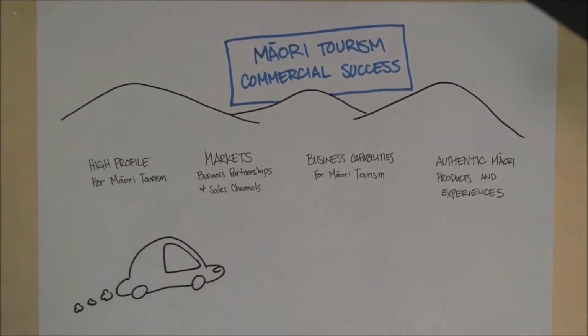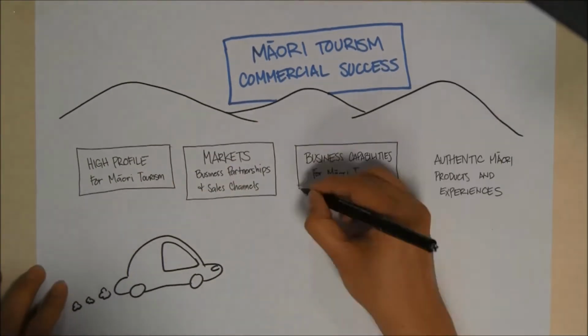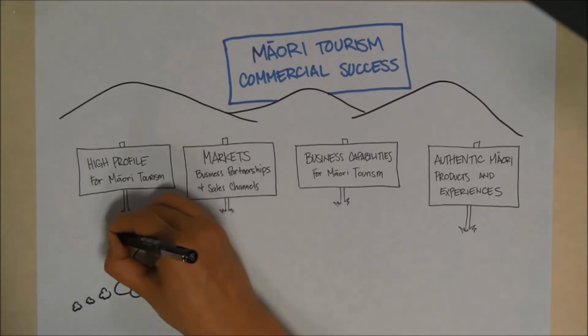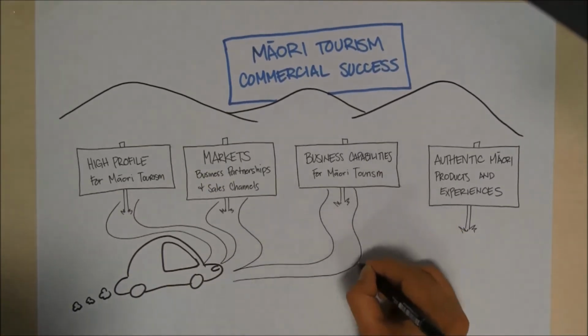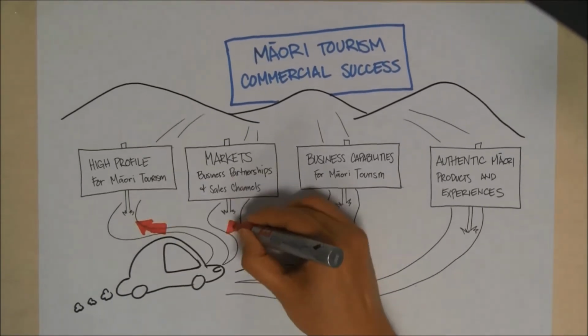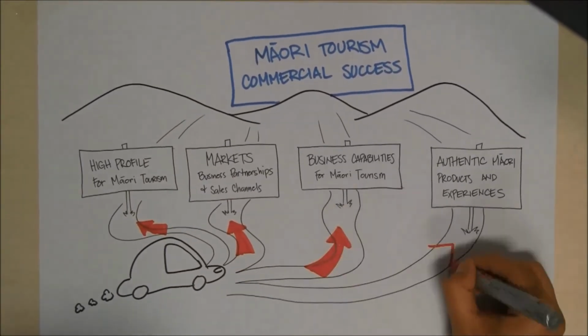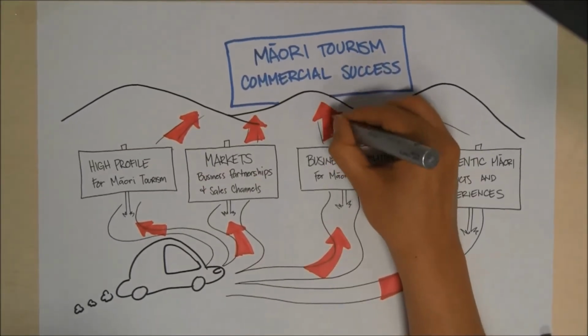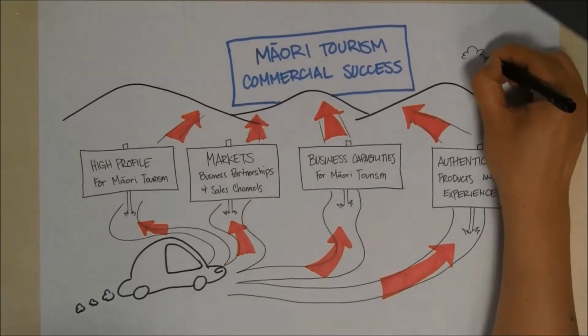First, Māori culture and tourism needed to have a higher profile. Second, we needed to grow potential markets for Māori tourism experiences. Third, we needed Māori tourism operators with the capabilities they need to establish, maintain and grow their business. And finally, we needed a good range of authentic Māori tourism products and experiences.